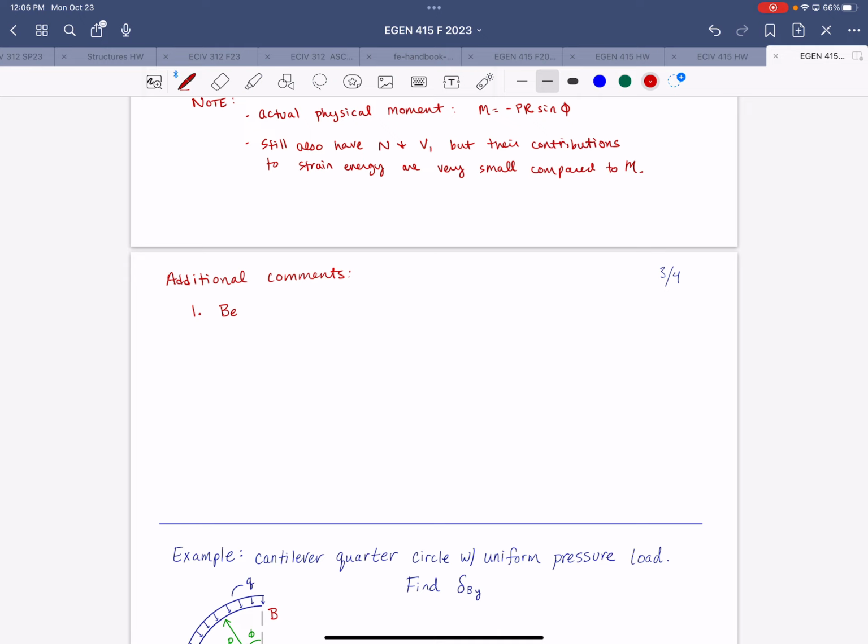Actually, we could have calculated it right at the beginning, since it is a determinate structure. So that moment would be negative PR times sine of phi. That's the distribution. And at the fixed end, phi is pi over 2.